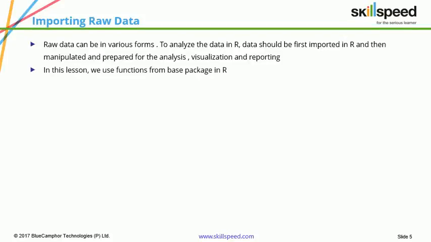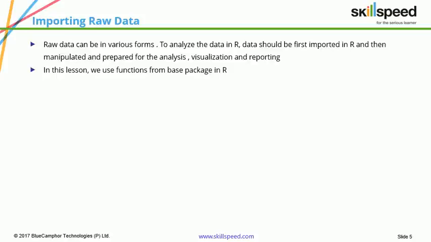In this lesson, we will use some of the functions from base package in R. Following is the list of functions from the base package. Let's take a look. We have a function read.table to read delimited separated values where space is a default delimiter.